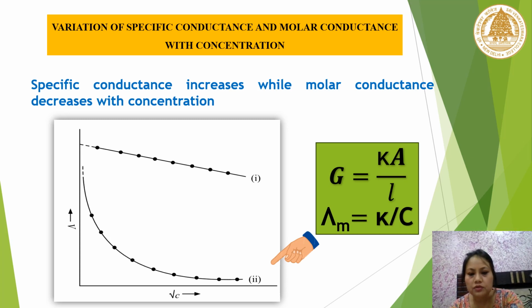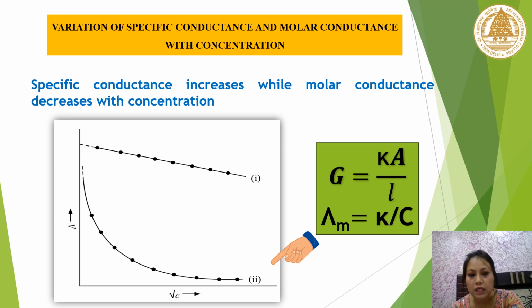And from this equation itself, it is evident that the specific conductance kappa is directly proportional to the conductance. And it is also quite obvious that this G, that is the total conductivity, takes into account the conductance contributed by all the ions in electrolytic solution.